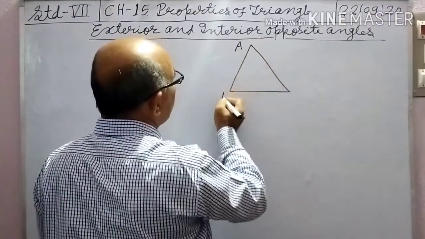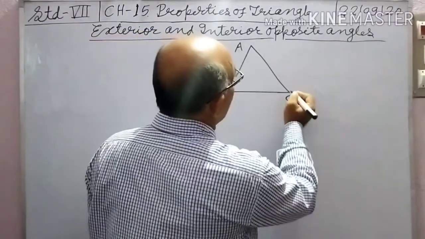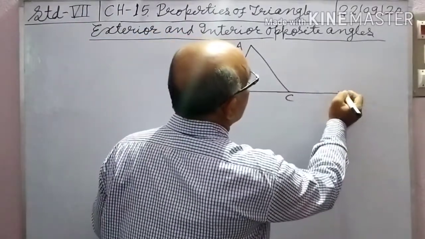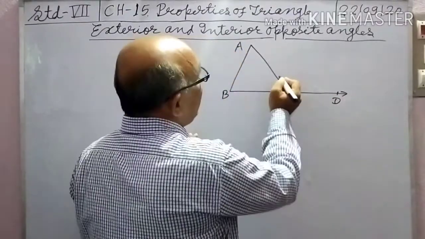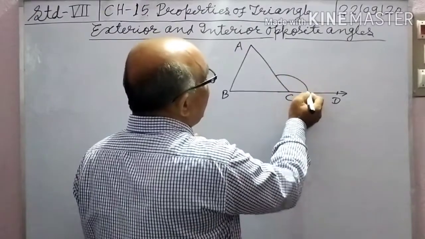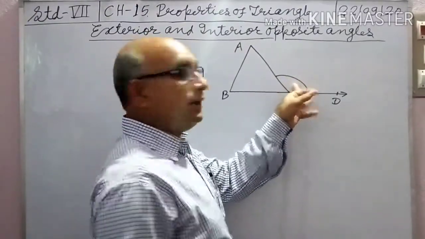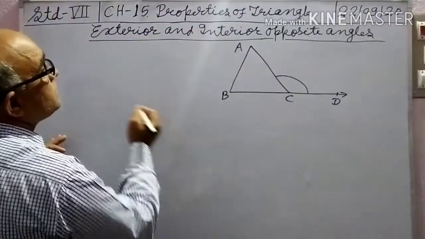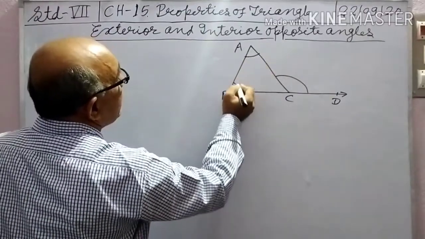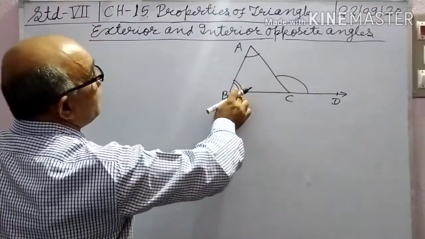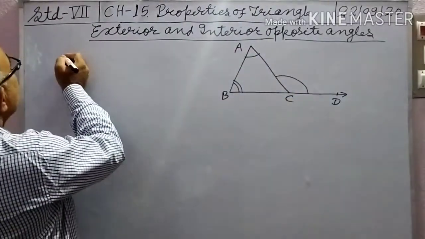If side BC is produced to D, then it forms an angle. This angle is called exterior angle. So in this figure, angle A and angle B are the interior opposite angles of exterior angle ACD.